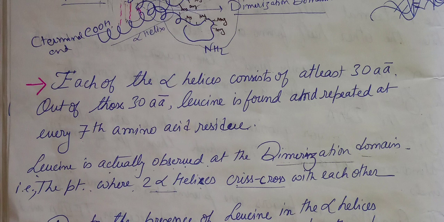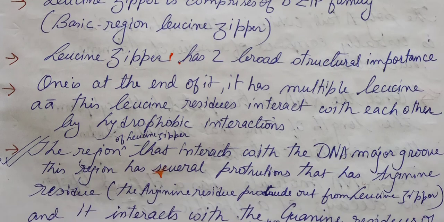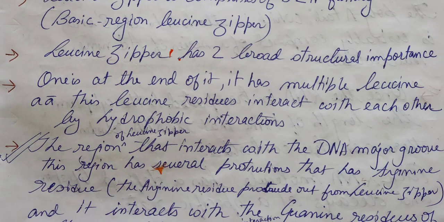That means it will be found at the 7th from the N terminal, then at the 14th, then at the 21st. In that way it will be found. So it has multiple leucine amino acids, and these leucine residues will interact with each other by hydrophobic interactions.